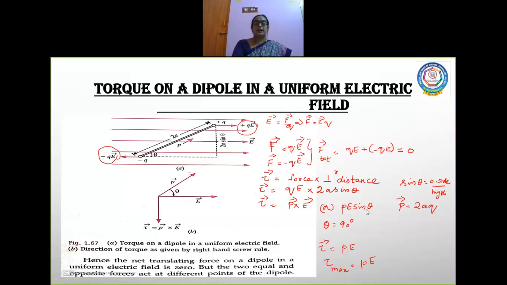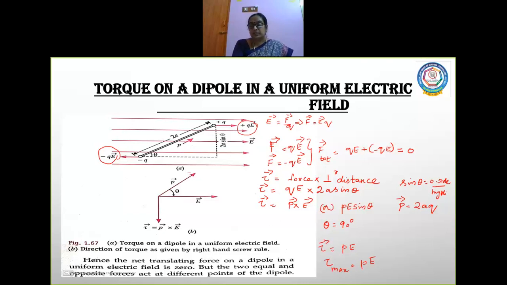Here plus q will have one force due to the electric field at that point, and here minus q will have a different force due to the electric field at that point. The electric field keeps on varying. It will not be the same. So when you keep a dipole in a non-uniform electric field, definitely it will experience a torque, no doubt about that.